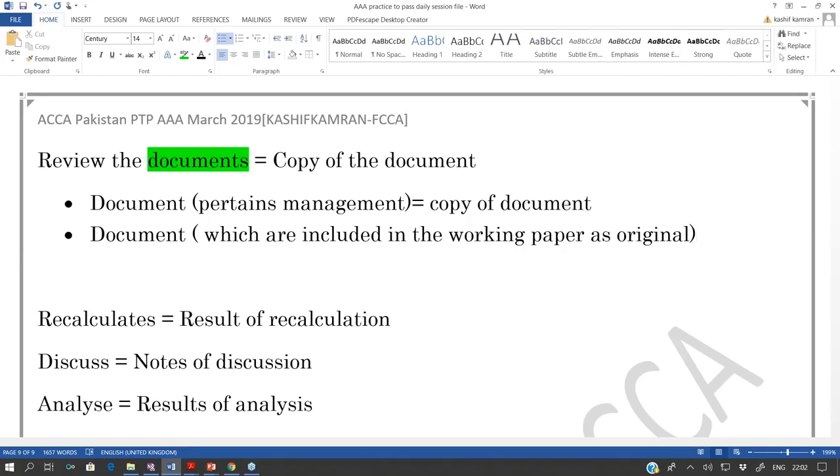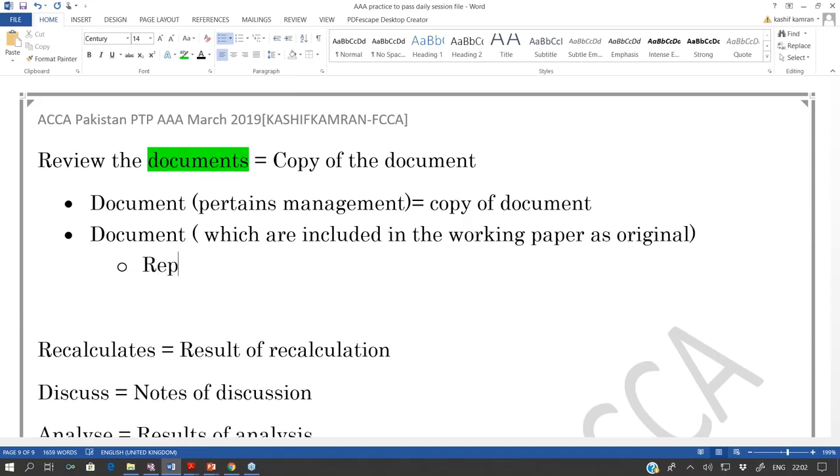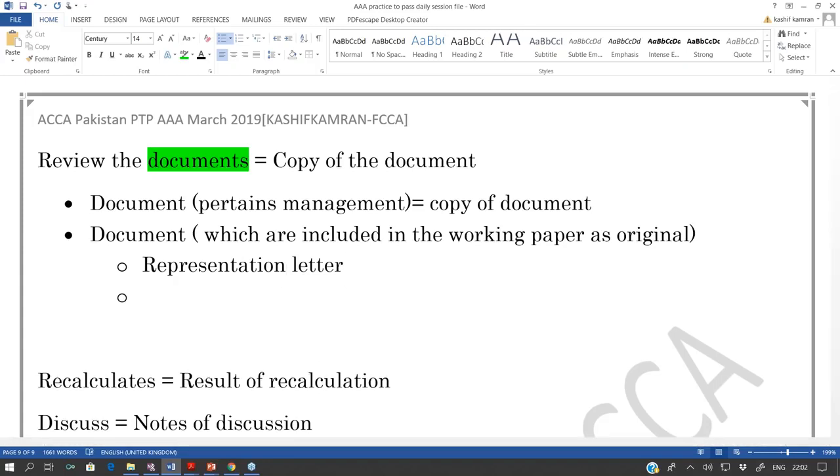For example, the representation letter. I will not say copy of the representation letter, but rather I will simply say representation letter, because this working paper is the auditor's working paper, right? Representation letter. I cannot say copy of the representation letter. Or breakups, breakups of sales, or breakup of expenses.